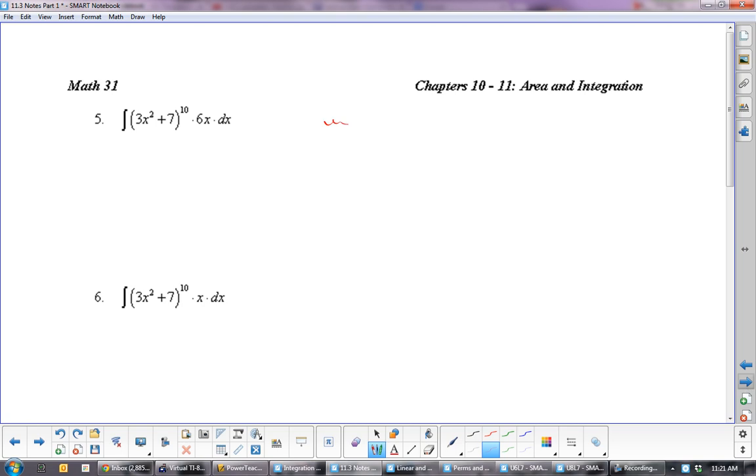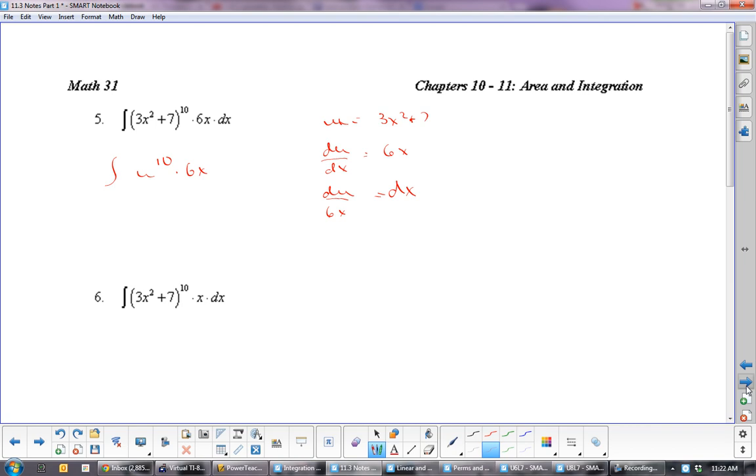What's u? Let's get through these two. 3x squared plus 7. So du over dx equals 6x. So du over 6x equals dx. So we'll do the integral of u to the 10 times 6x. Oh, this one's a pretty easy one.